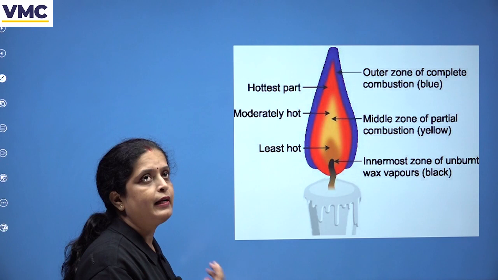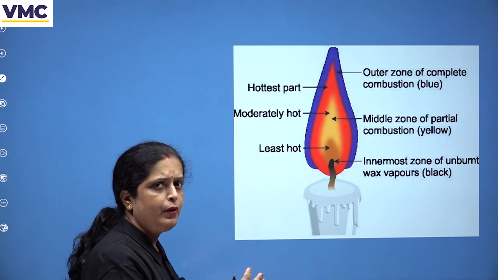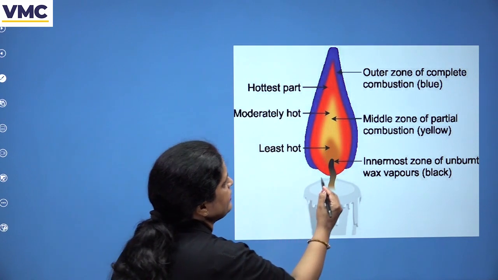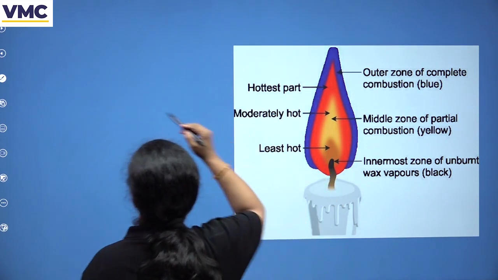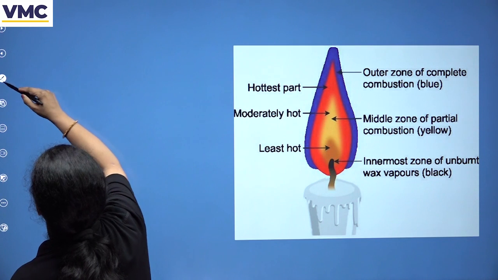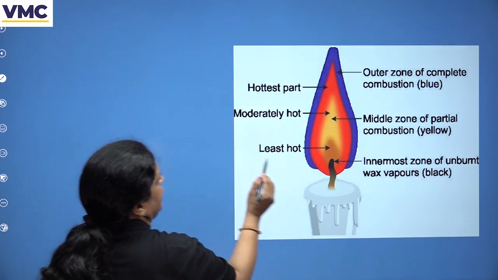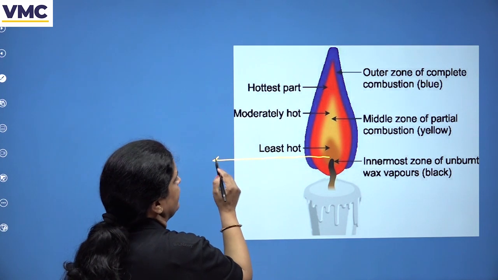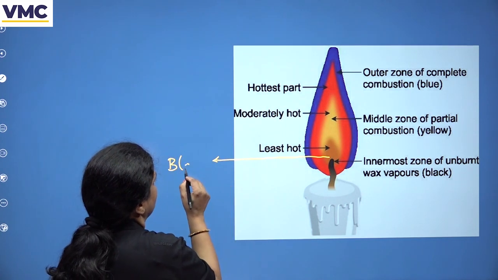If you look at a candle burning up close, be safe, but if you notice it, you would realize there is an innermost black zone.